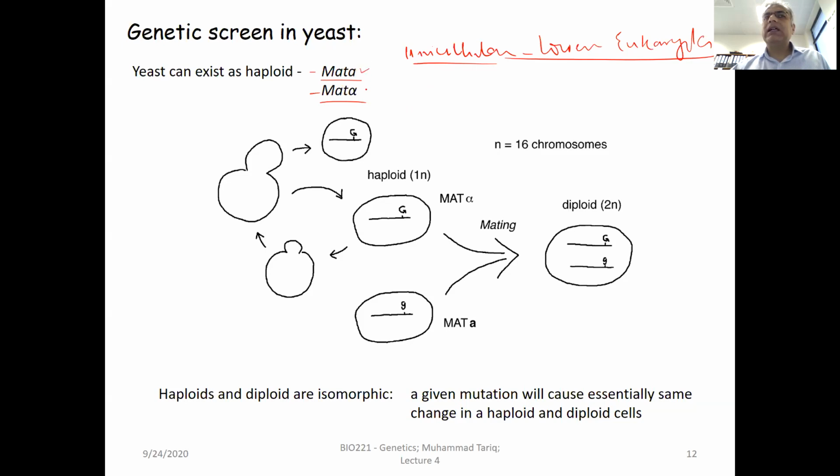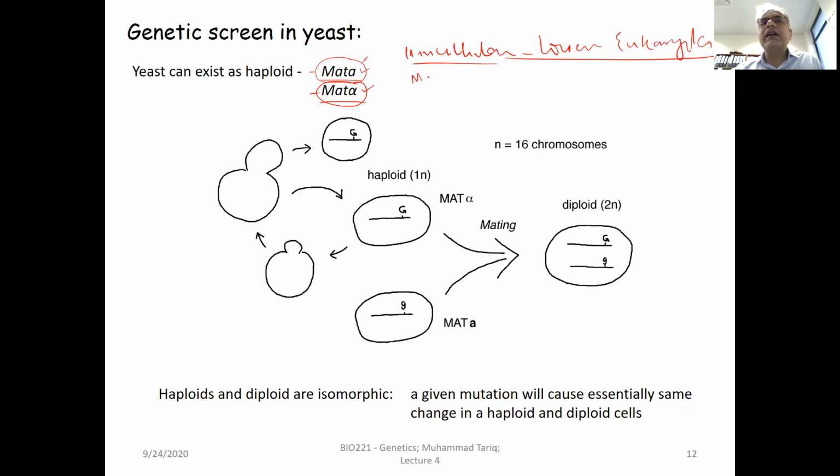These are genes within the yeast on the same locus next to each other. And if this one is expressing, the yeast is called MAT a. If this is silent and this one is active, it is called MAT alpha. Why is it important?